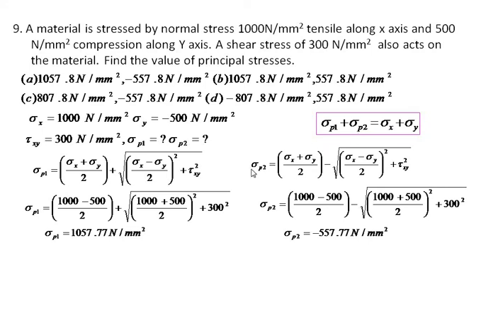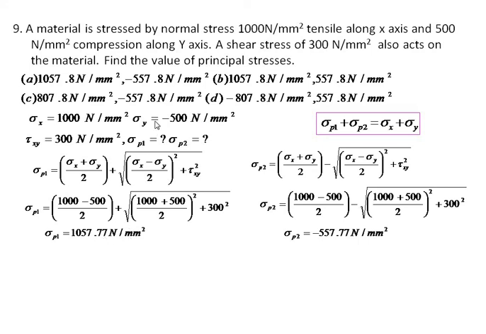We can have a check also. You have found sigma p1, and you know sigma x and sigma y. The addition of sigma x and sigma y is 1000 minus 500, so the value is 500.